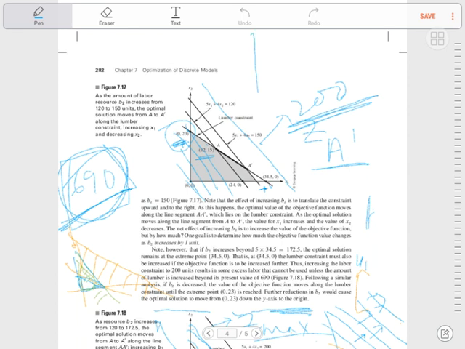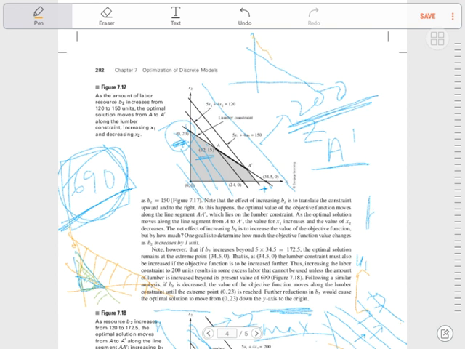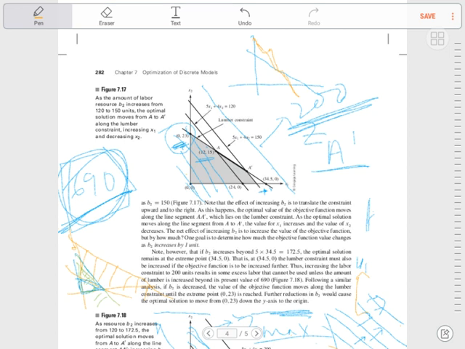This is my Lombard constraint. Say this is your original labor constraint 120, and then the labor constraint increases and becomes this one. So this is the new line, A dashed, and this was the original A.